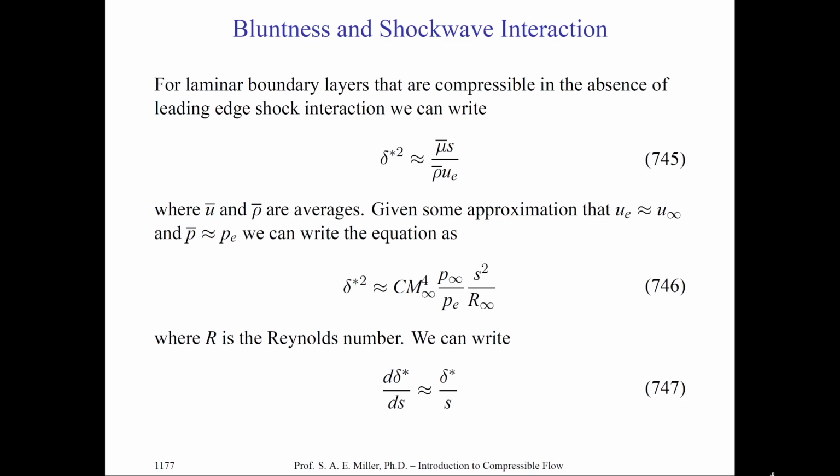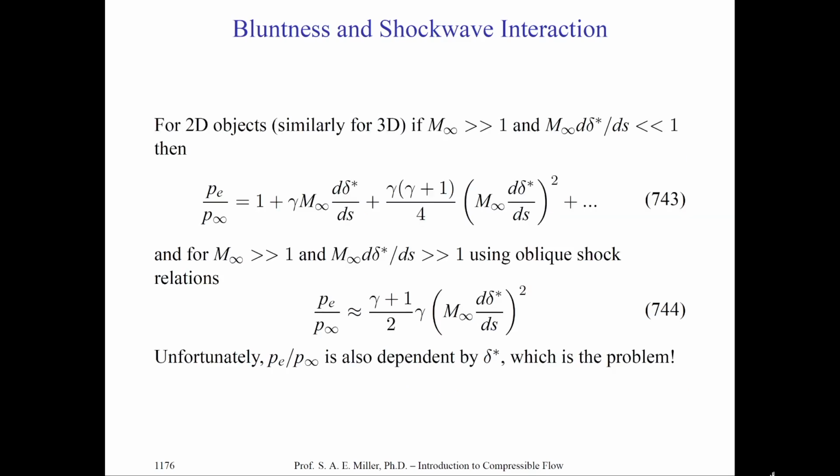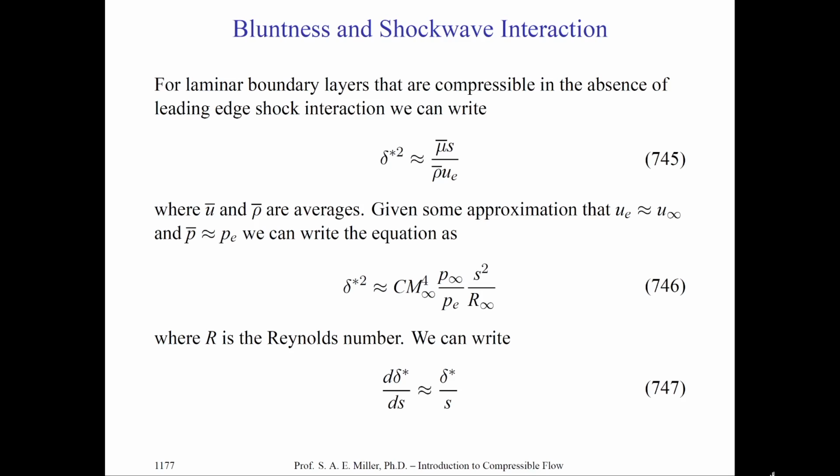And we can write the equations as, from 744, given the laminar boundary layer assumption, delta star squared goes as C M infinity to the fourth times P infinity over Pe times s squared over R infinity. Here we introduce the Reynolds number based on the ambient values and some characteristic length scale.